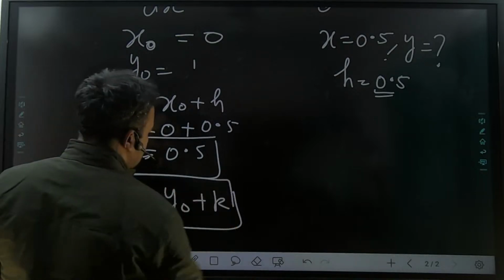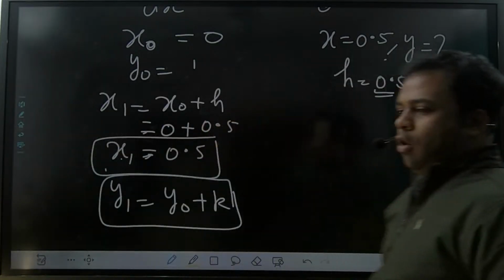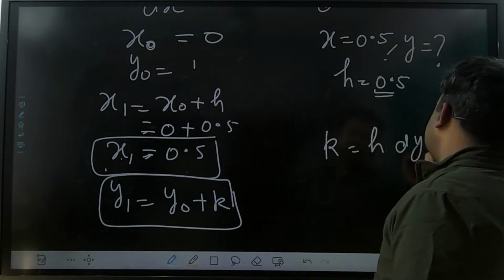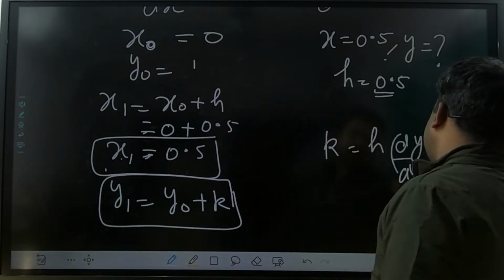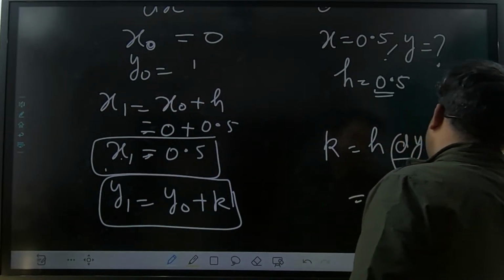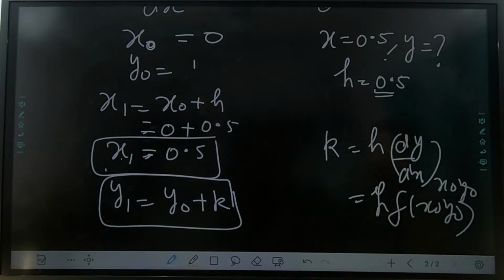For the previous Euler forward method, k was equal to h times dy/dx at x naught, y naught, that is h multiplied by the function value at x naught, y naught. So this is the method to calculate the k value.